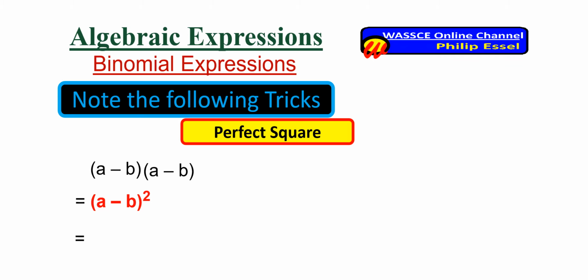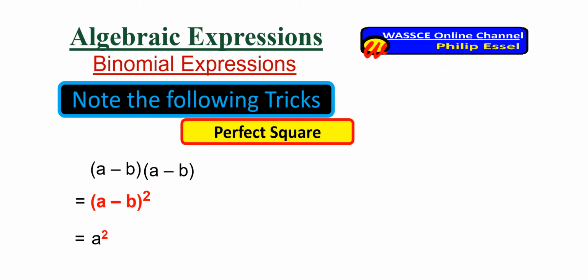So first, you take the square of the first term of this binomial expression. In this case, the first term is a. So the square of a would be a squared.